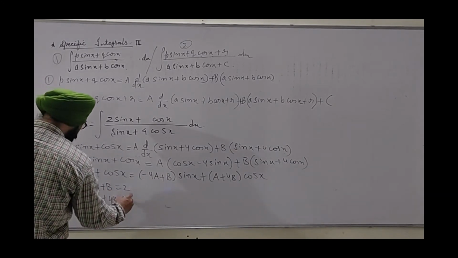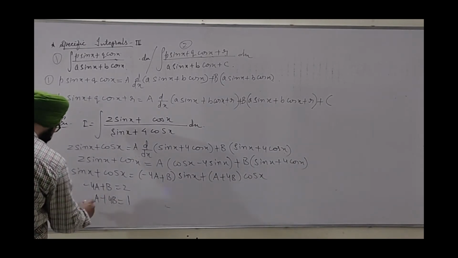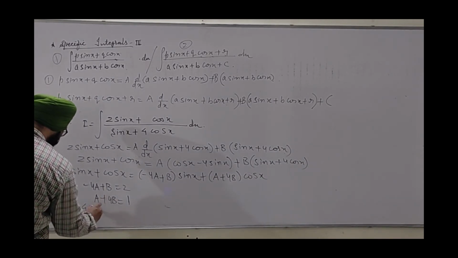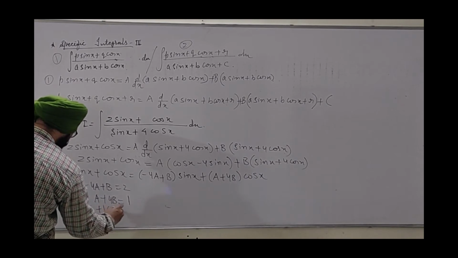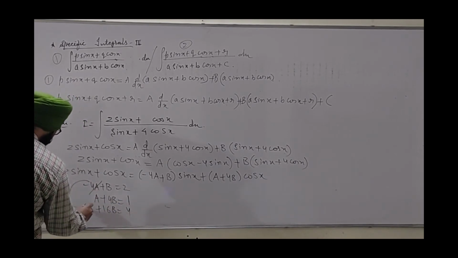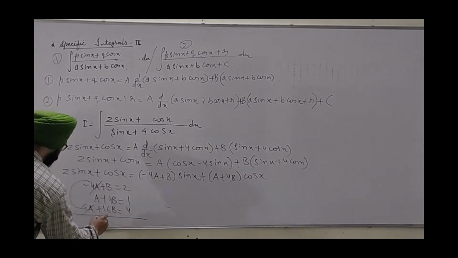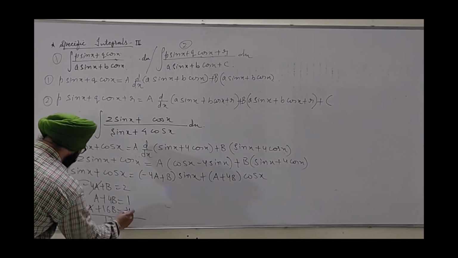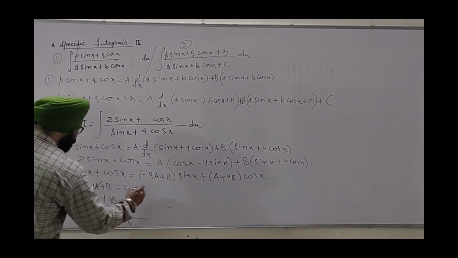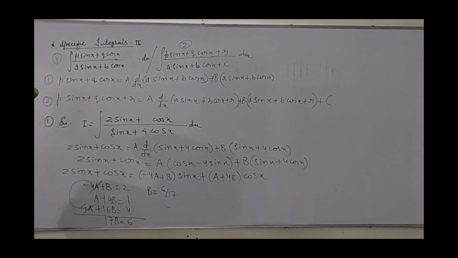Now we have to solve these two to get the values of constants capital A and capital B. If I multiply this by 4, I am having 4a plus 16b equal to 4. Now these two equations we will solve. Minus 4a and 4a, by addition they are cancelled out. 16 plus 1, 17b, and 4 plus 2, 6. So we get b is equal to 6 by 17.